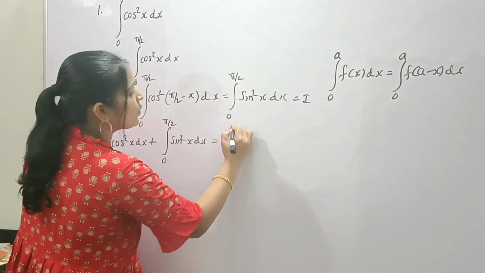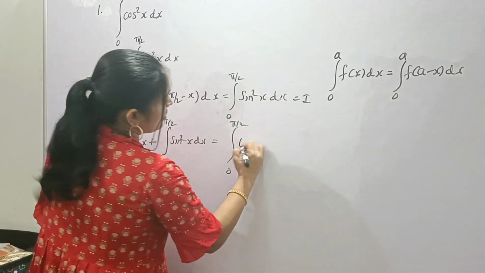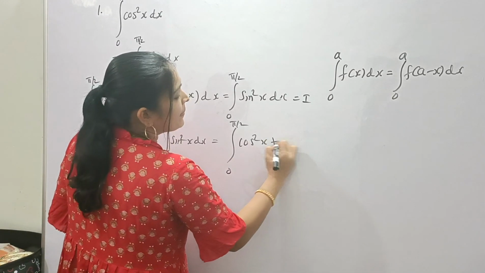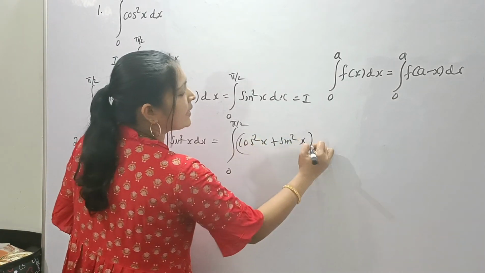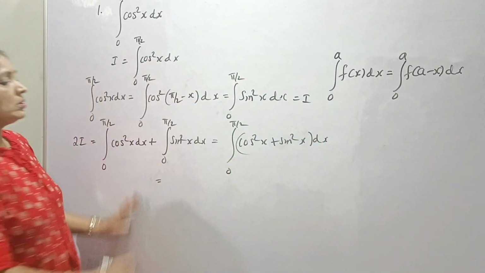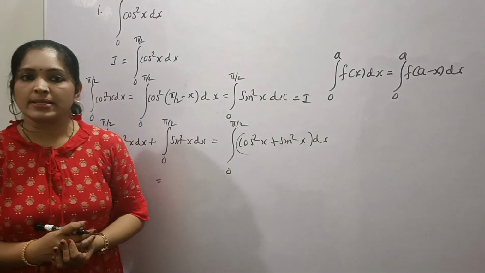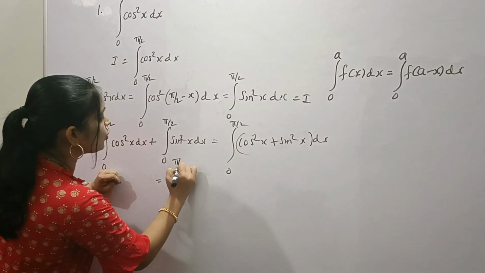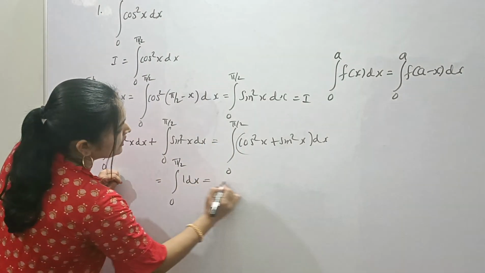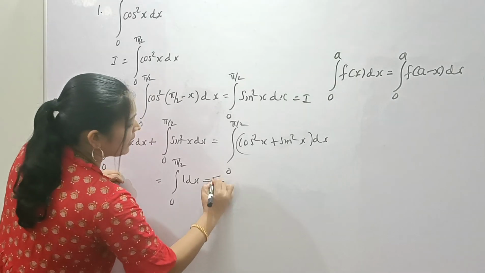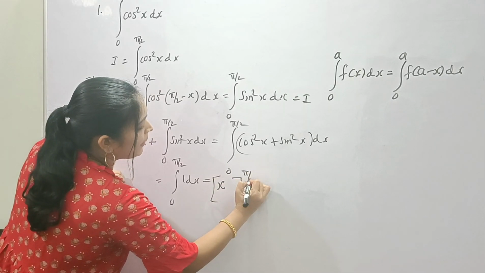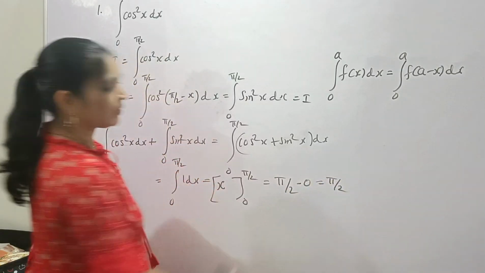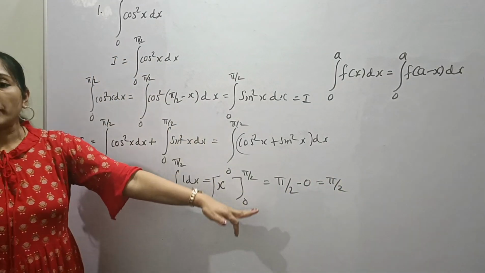So integral 0 to pi by 2 of cos square x plus sin square x dx. Now what is sin square x plus cos square x? 1, right? So this integral will become integral 0 to pi by 2 1 dx, that is equal to x. Limits 0 to pi by 2, that is equal to pi by 2 minus 0, that is pi by 2. So 2I is equal to pi by 2.